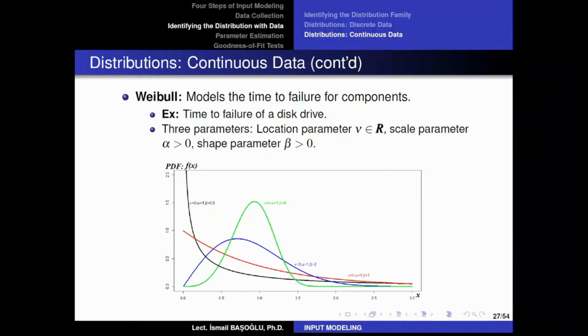Human life is not like that. If I ask you what is the probability that a newly born person lives more than 50 years, and what is the probability that a person aged 80 lives an additional 50 years, you would definitely say the first one has a larger probability, right?